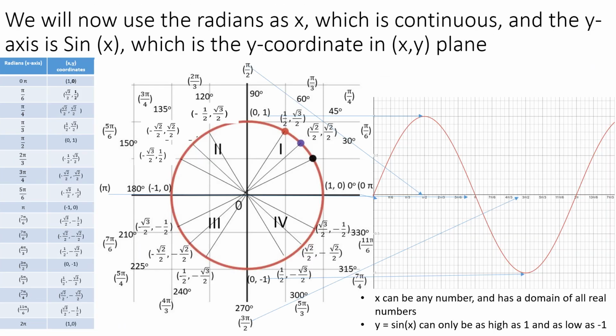Now what I'm doing here is I'm going to create a specialized graph, which is called a sine wave or cosine wave, depending on what we're looking at. And on the x-axis, instead of 1s and 0s, I'm going to do it in pi's.